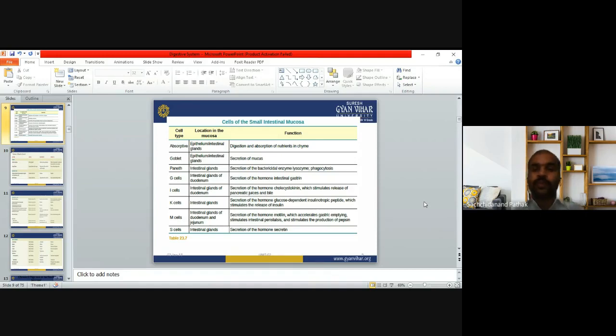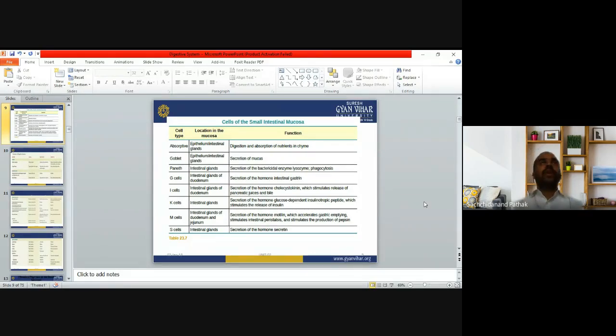What is the function of the G cell? Secretion of the hormone intestinal gastrin. The I cell is also present in the duodenum. What is the function of the I cell? Secretion of the hormone cholecystokinin, which stimulates the release of pancreatic juice and bile. So when cholecystokinin is secreted, it increases the release of pancreatic juice and bile.